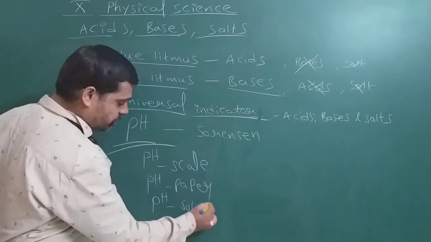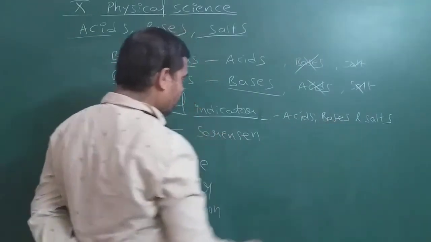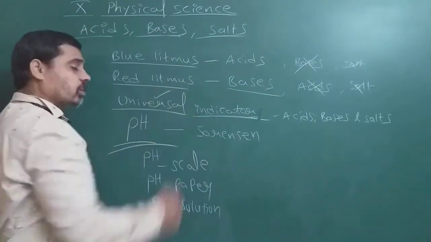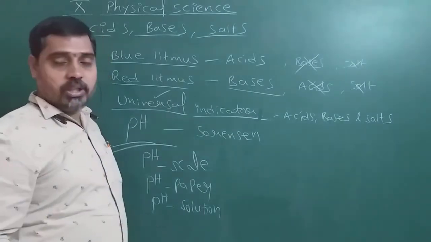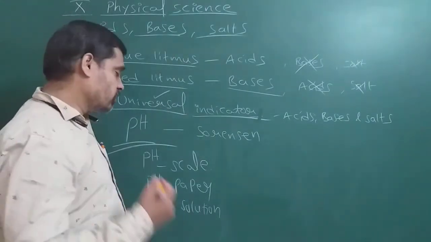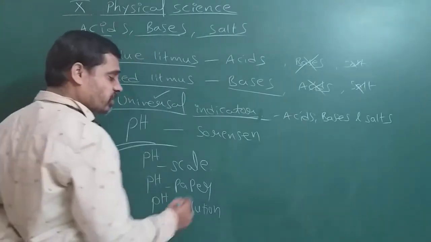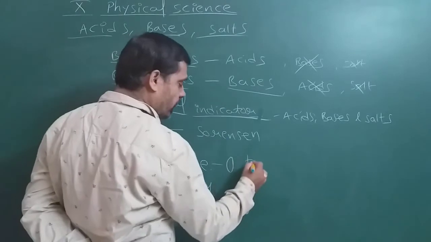With this we can test for acids, bases and salts. That's why it is known as universal indicator. Universal means globally it is useful to test whether it is acid or base or salt. Now this pH scale consists of values 0 to 14.